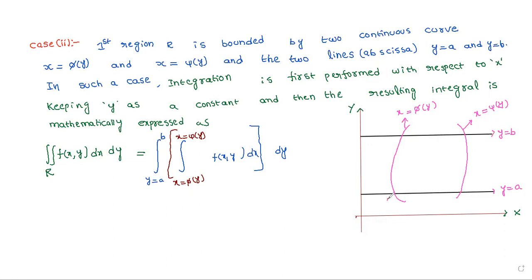So one rectangle region is found: A, B, C, D. Between the area, PQ. So this part is found, and then this part is found.